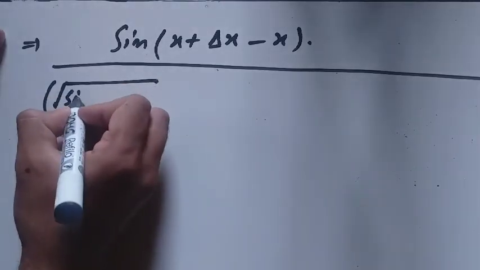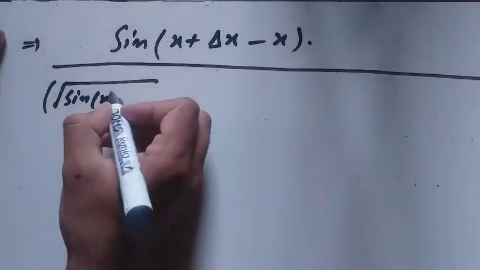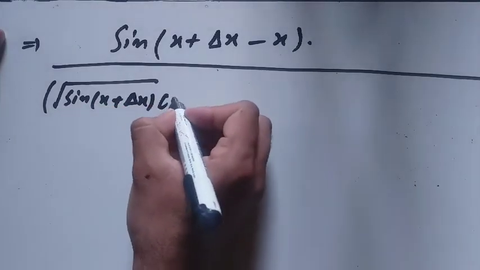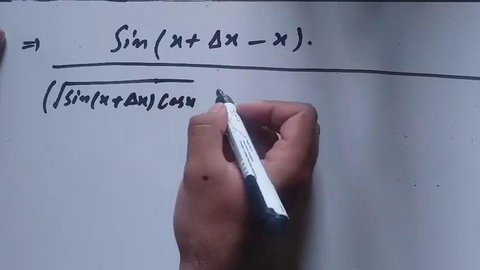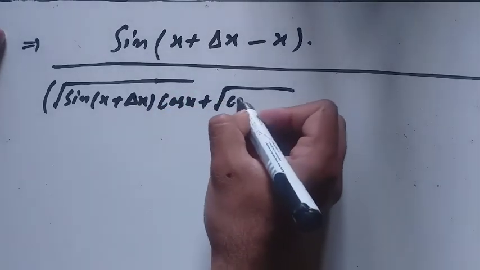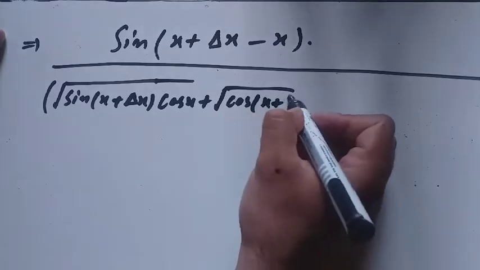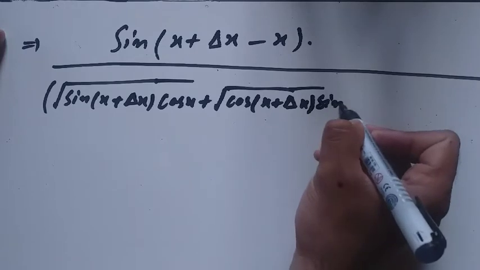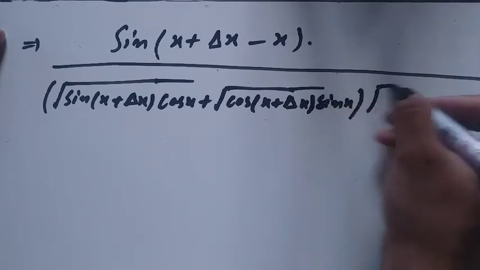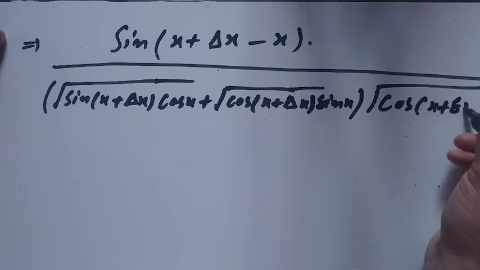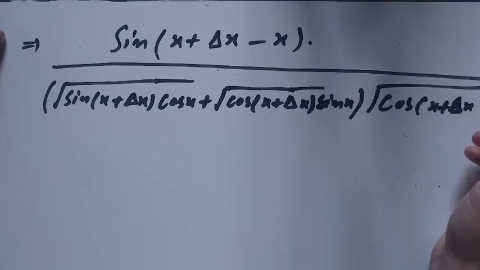Under root of sine of x plus delta x into cos x plus under root of cos of x plus delta x into sin x into cos of x plus delta x into cos x. All right.